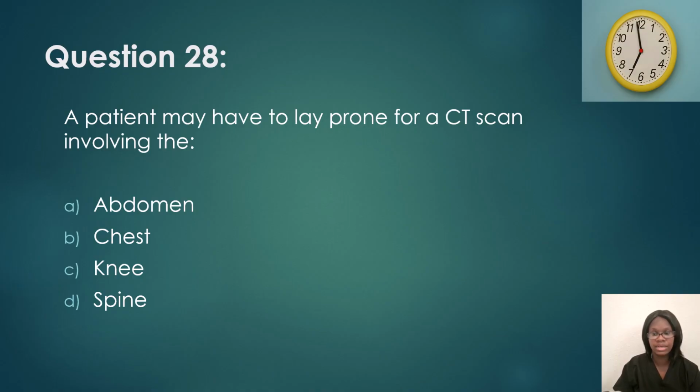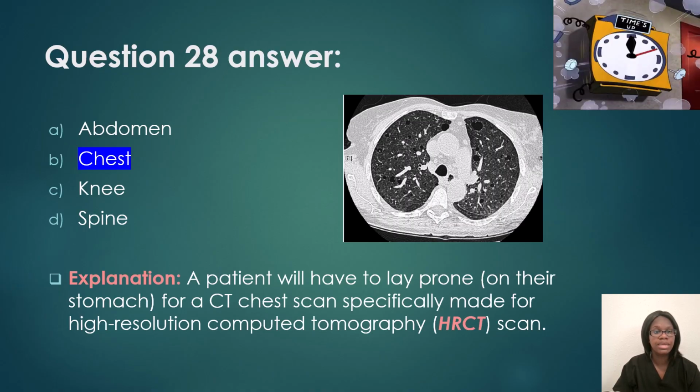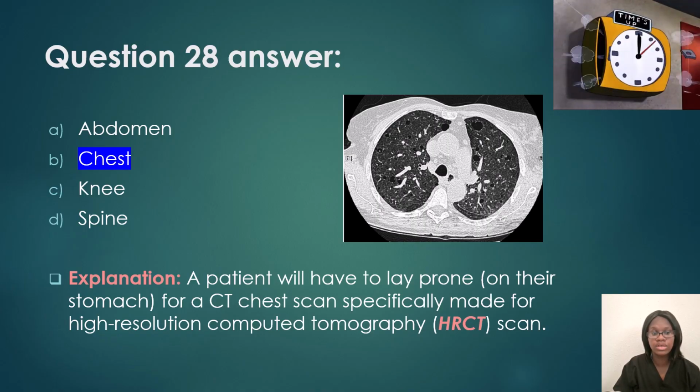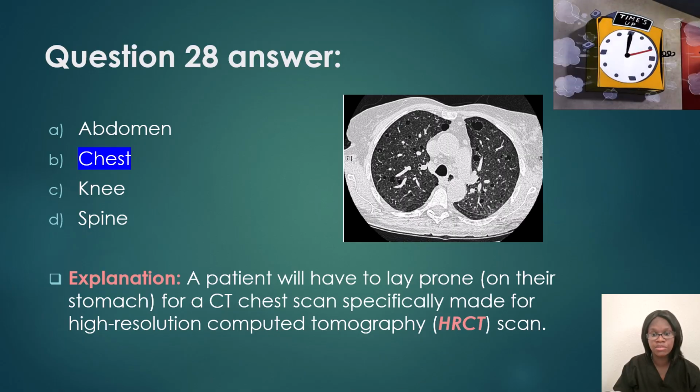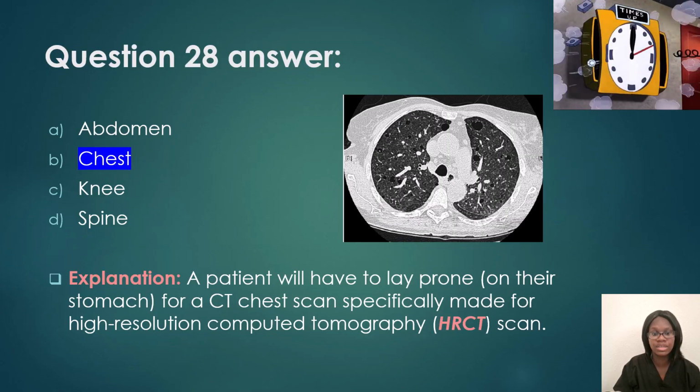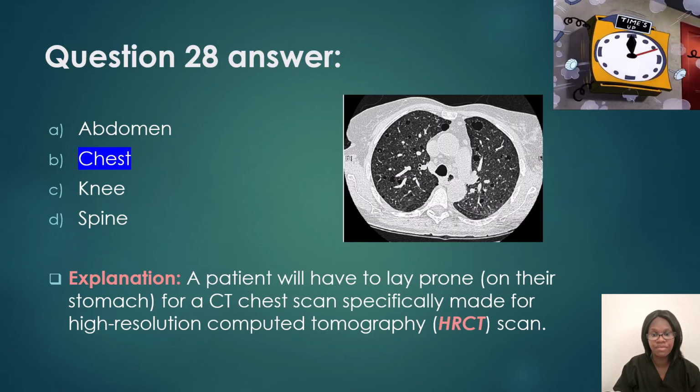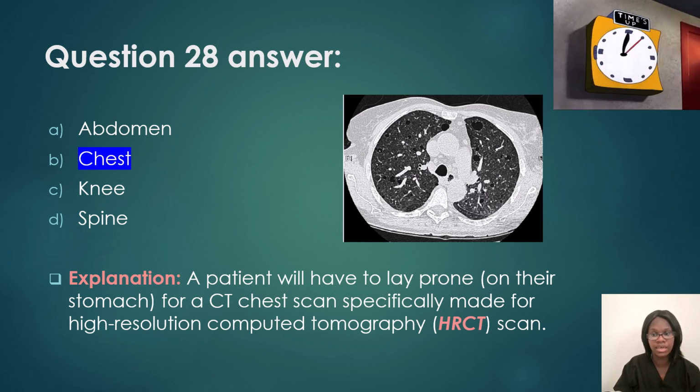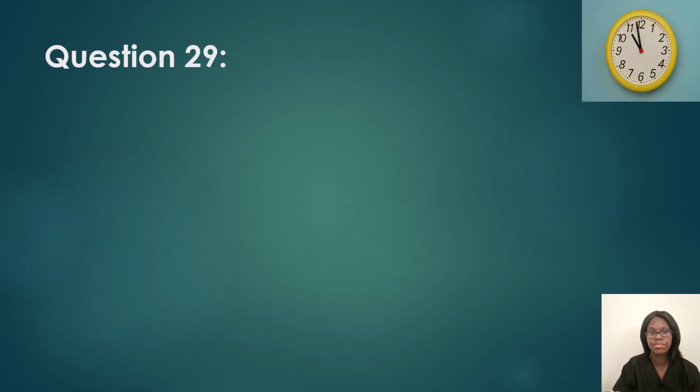Right, the correct answer is B, chest. A patient will have to lay prone on their stomach for a CT chest scan specifically made for high resolution computed tomography. So that's your HRCT scan, high resolution scan, or you may hear it called high res.